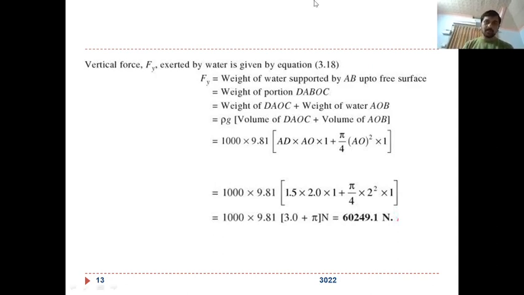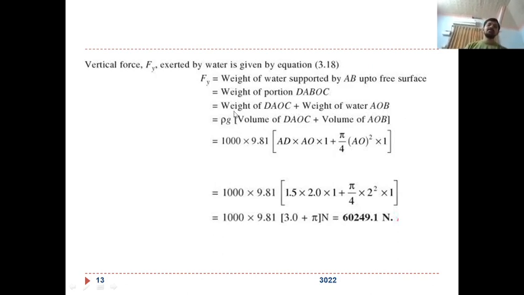Weight of water supported by AB up to the free surface will be exerting a pressure. So weight of portion DABOC, again look at the diagram and listen, is equal to weight of DAOC plus weight of water AOB.